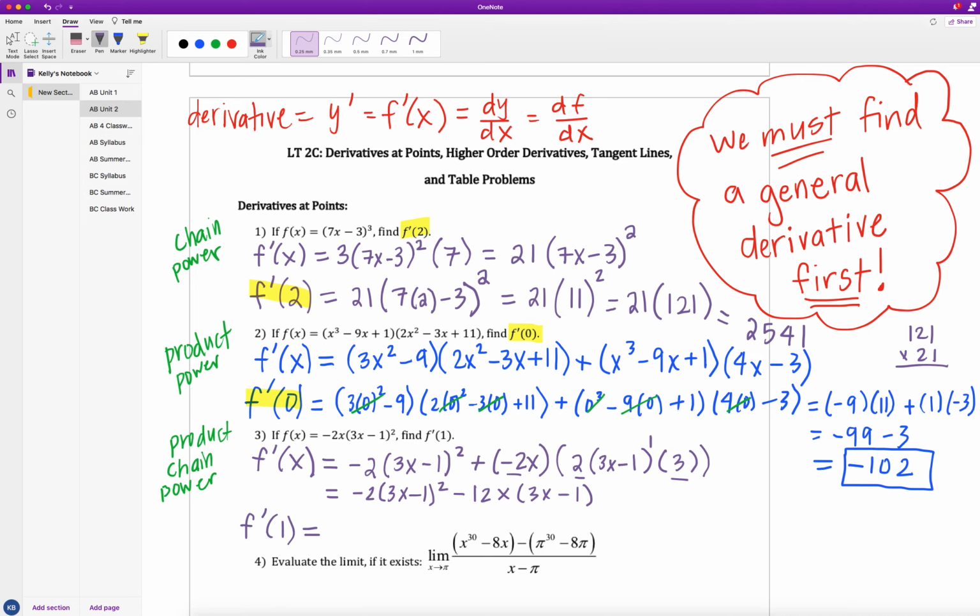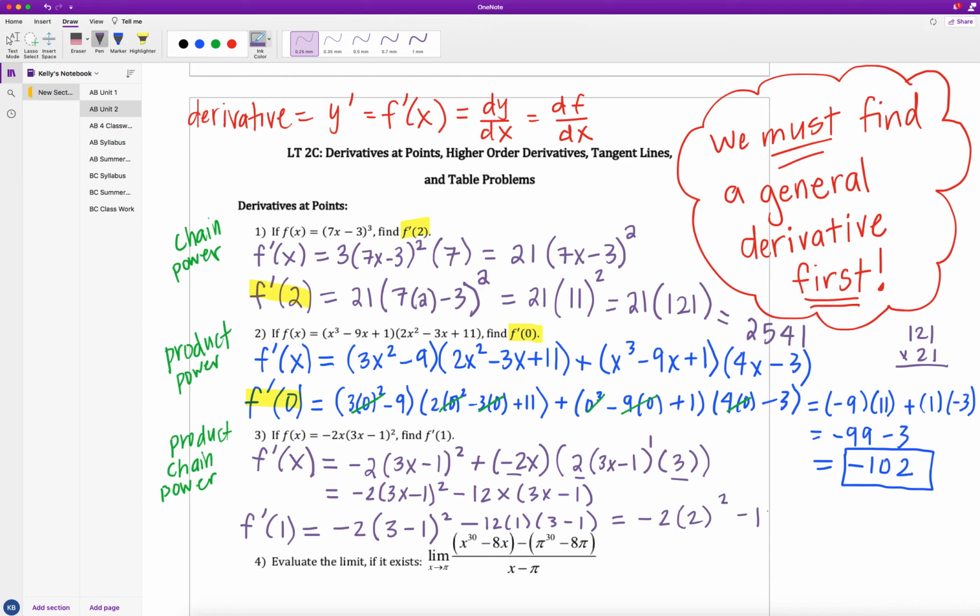So now that we have our f prime of x, I can find f prime of 1 by substituting in 1. So I'll get negative 2 times, well, 3 times 1 is just 3, minus 1, squared, and then I'll get negative 12 times 1. And then again, 3 times 1 is still just 3, so I get that 3 minus 1. Simplifying this down, we have a negative 2. 3 minus 1 will give us a 2 squared.